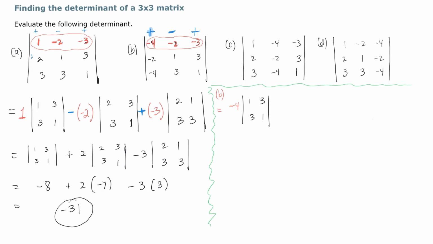Now we're going to subtract. Ta-da! And then what is our coefficient? Our coefficient is -2. And then what is the 2 by 2 determinant that's left?